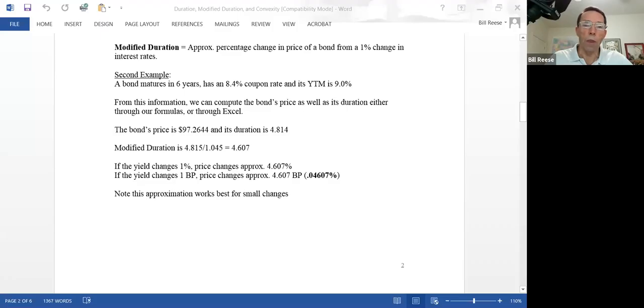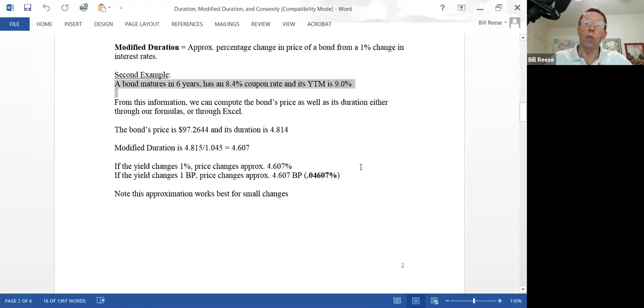But before we get into convexity, let's do one more example on calculating the duration and the modified duration of a bond. So let me pull up the class notes here to be able to do that. For this second example, this is page 2 of the class notes on duration, modified duration, and convexity.